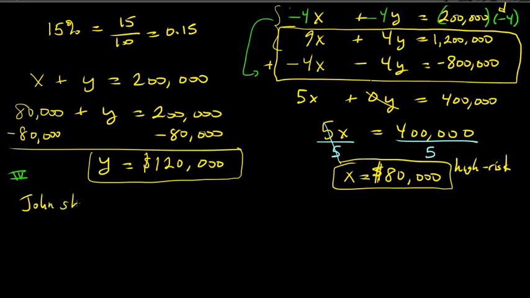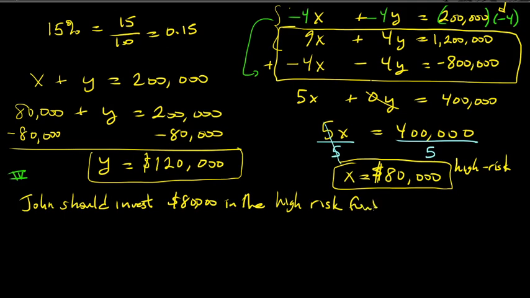John should invest $80,000 in the high-risk fund. Right, that's the 9% rate of return.